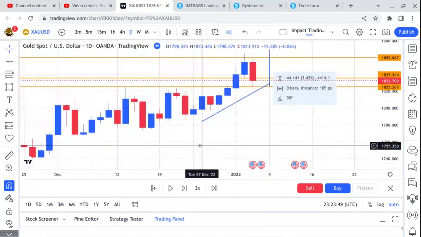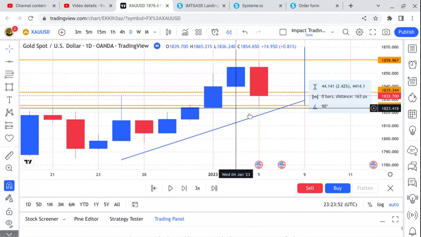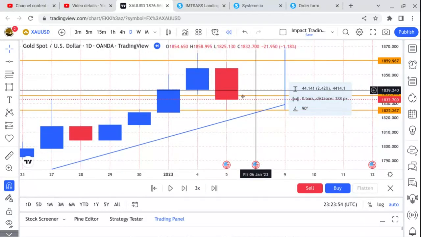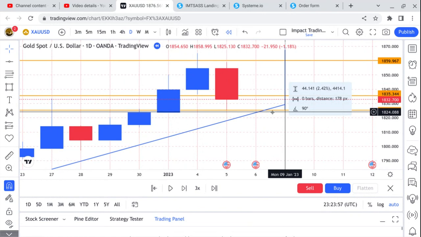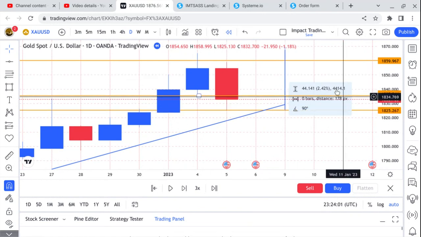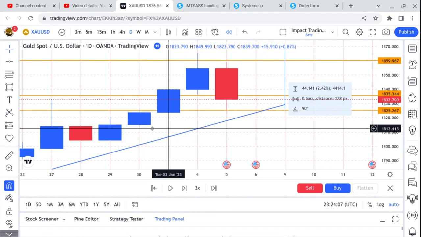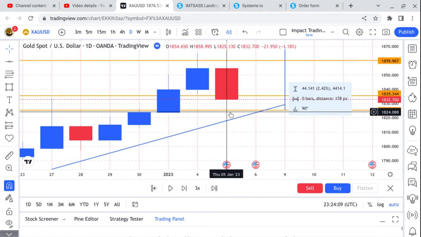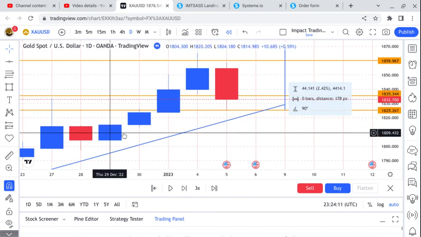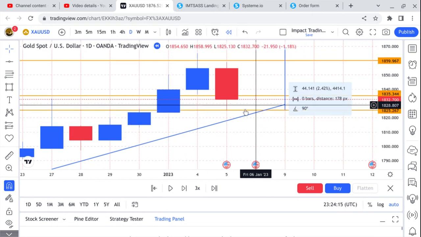So position and trend traders would be looking to go long here to get in with the trend, and then swing traders would be looking to go long, holding up to the 50 to 70 area again, because this is just a retracement, a breakout retracement. Support becomes resistance, resistance becomes support. So now this is support.